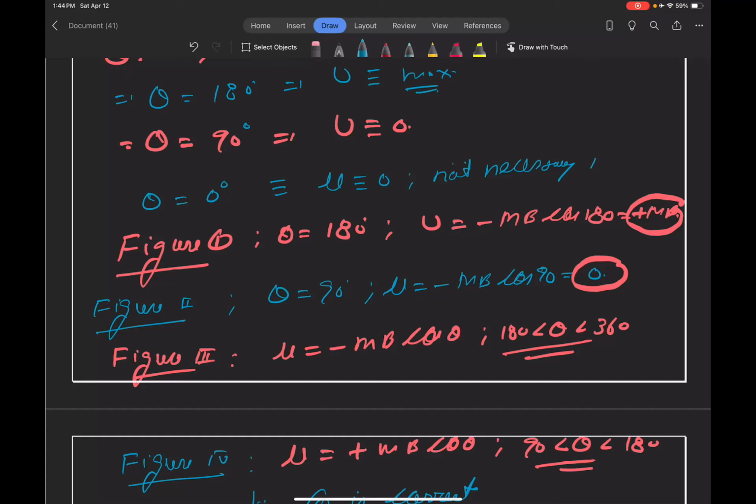Not necessarily minimum. Okay. So sorry for this confusion.